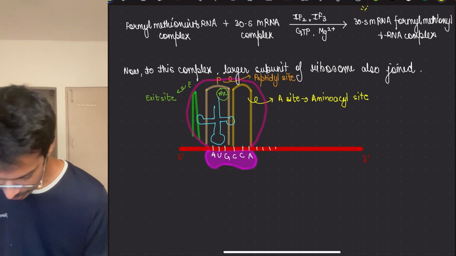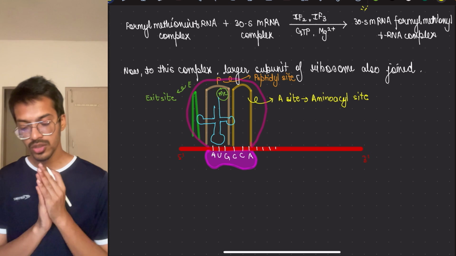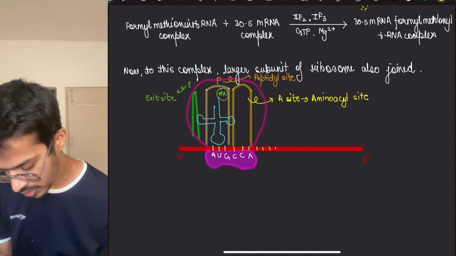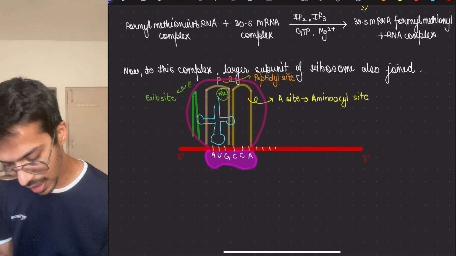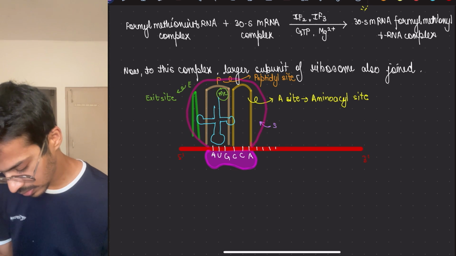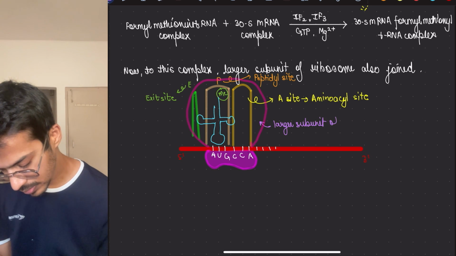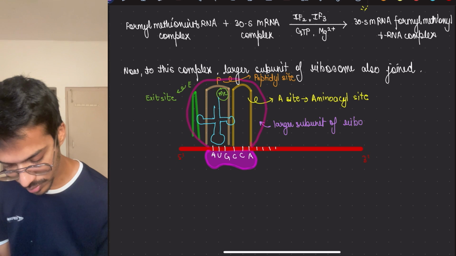So there are three sites present in the larger subunit of ribosome.